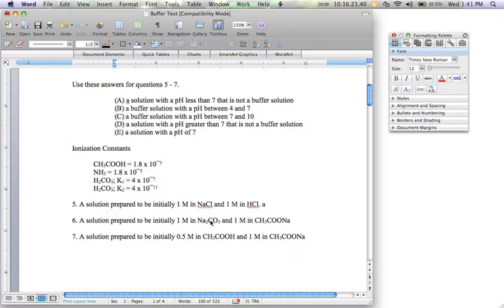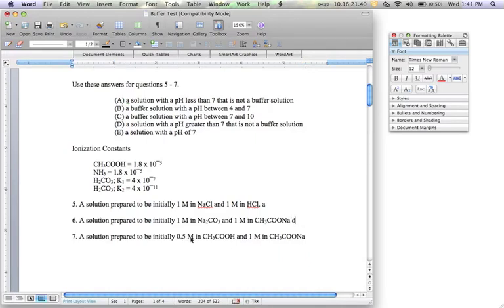Since these two don't have any acidic or basic ions in common, we're not going to have a buffer. And since they're both conjugate bases, we are going to have a solution with pH greater than 7, because it's basic, but it's not a buffer solution. So that's going to be D.